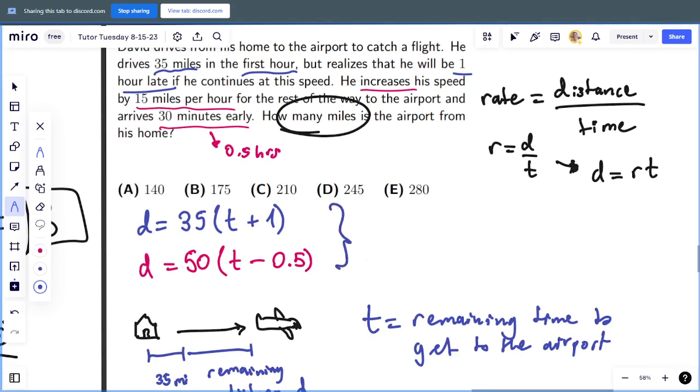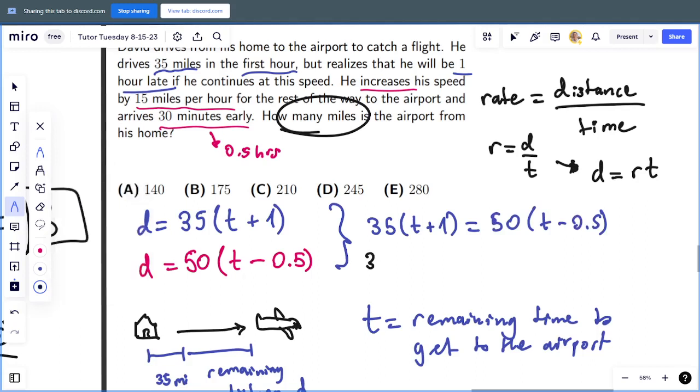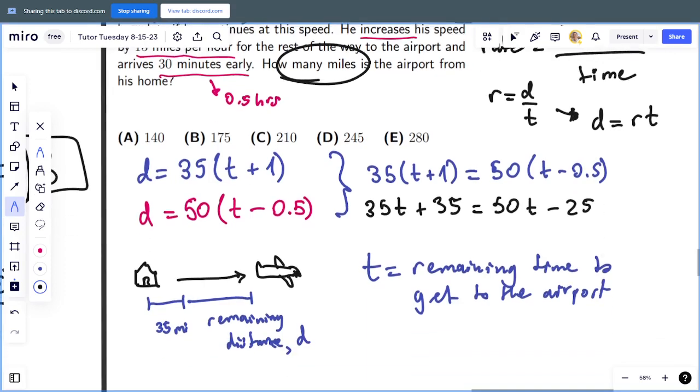And combining the two, you can set them both equal to each other because you know that they're both equal to d. So expanding this out, you're going to get 35t plus 35 equals 50t minus 25.